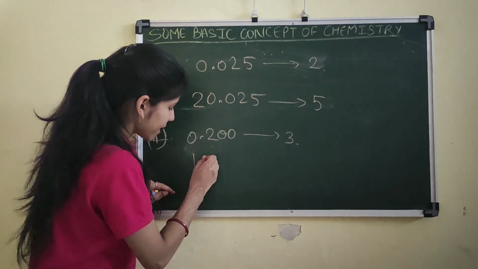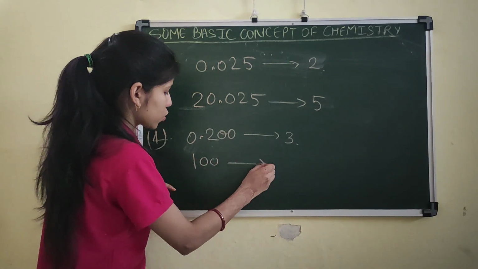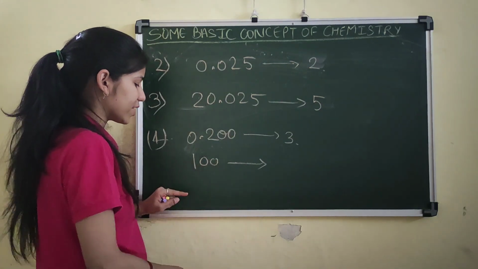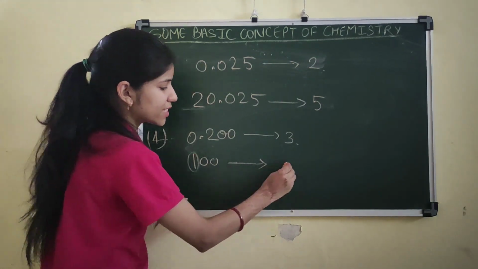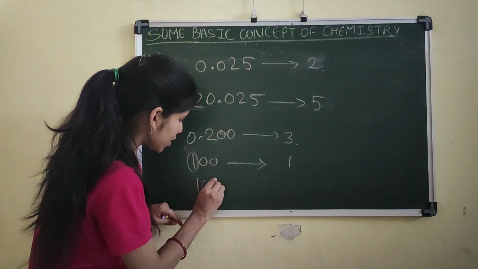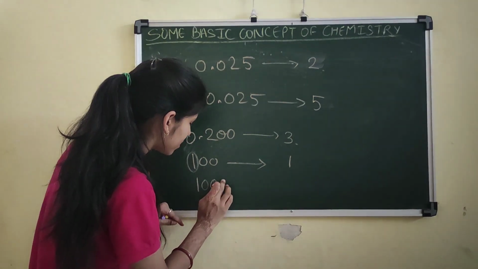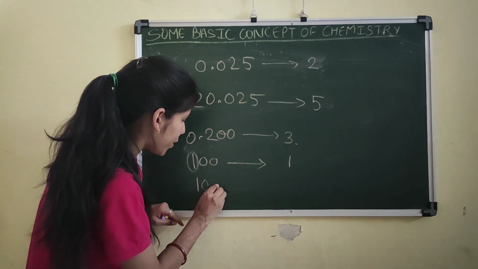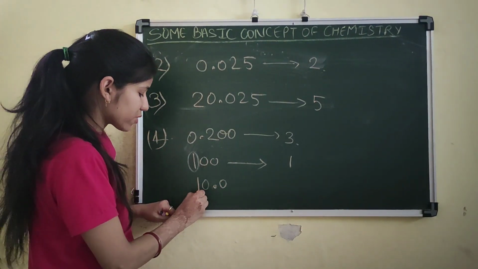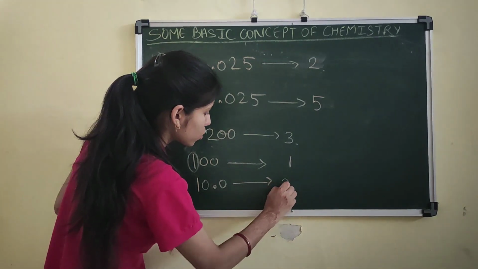If there is 100, these zeros are not counted, so there is only 1 significant figure. And there is 10.0, so there are 3 significant figures, or 10, where there are 2 significant figures, that is 1 and 0.